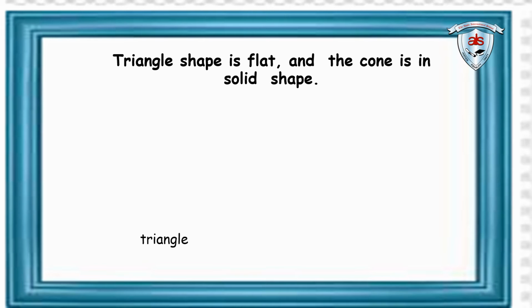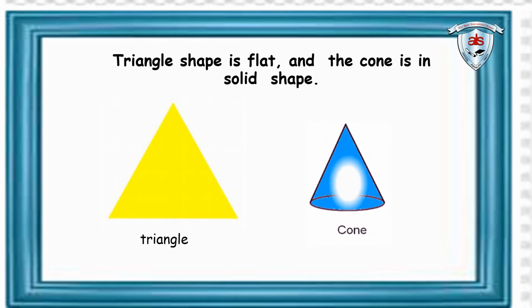So children, the next shapes here we have are a triangle and a cone. Triangle shape is flat and the cone is a solid shape. Now let us find the example for the flat triangle shape and solid shape cone.